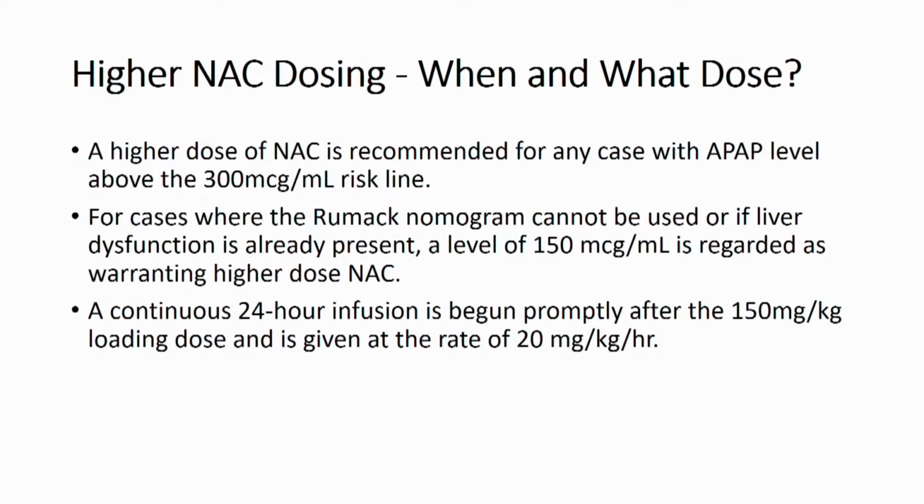So you give it when you are in that situation. Then you continue. There's a continuous 24-hour infusion, which is begun promptly after the 150 milligrams per kilogram loading dose, and is given at a rate of 20 milligrams per kg per hour. That's high dose NAC. Okay?